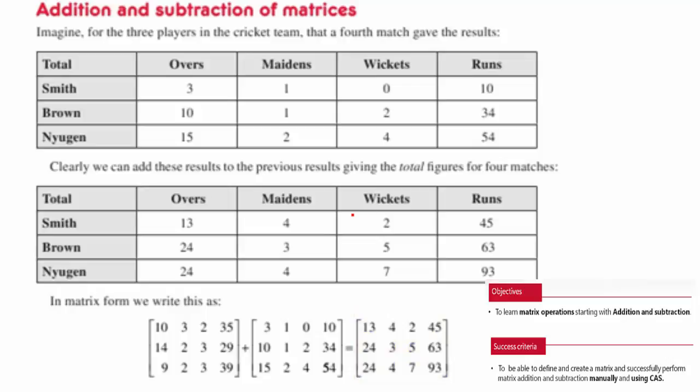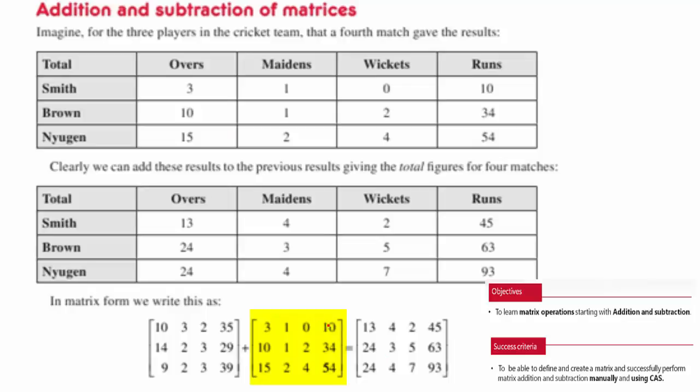Okay, so what we are adding, this is the final results for all matches. We are adding this one with that one here. Okay, so when we write that here, if we go row by row, it's 10, 3, 2, 35, and 14, 2, 3, 29, and 9, 2, 3, 39. We are adding it to 3, 1, 0, 10, 10, 1, 2, 34, 15, 2, 4, 54.